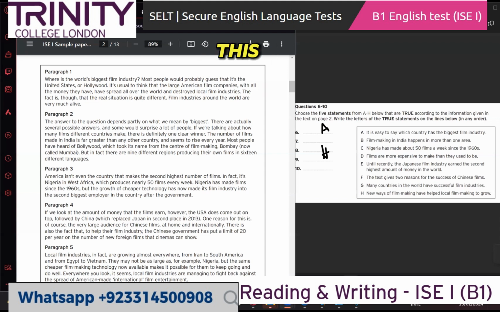This is incorrect, because they say that Nigeria established its film industry in the 1960s. They have not told us that they have been making 50 films per week since the 1960s. No, they are making 50 films per week now, not since the 1960s.